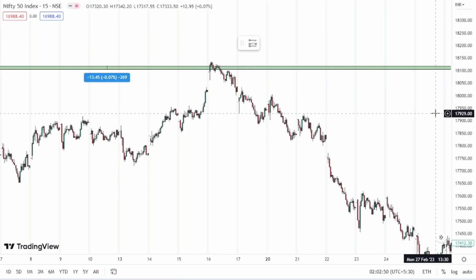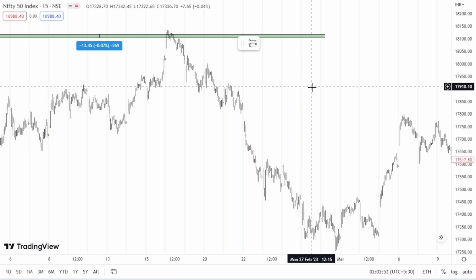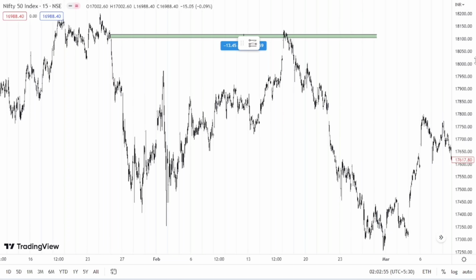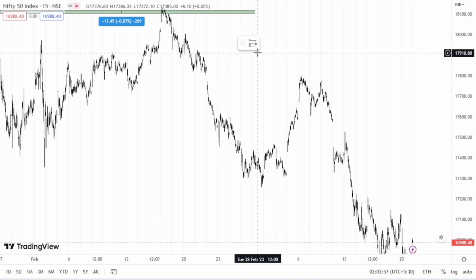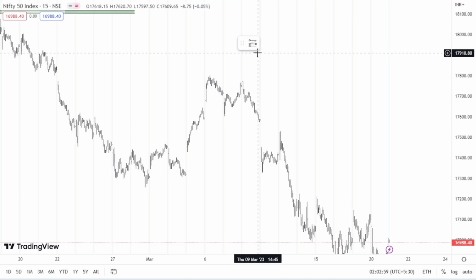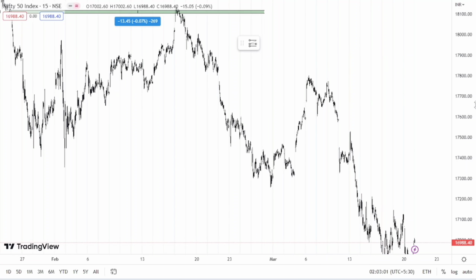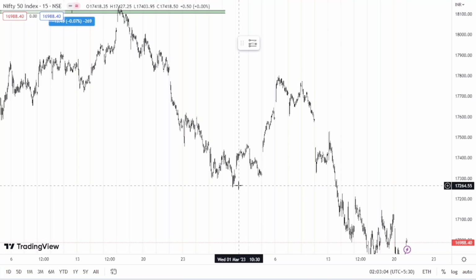The market falls down almost to 17,264.55.